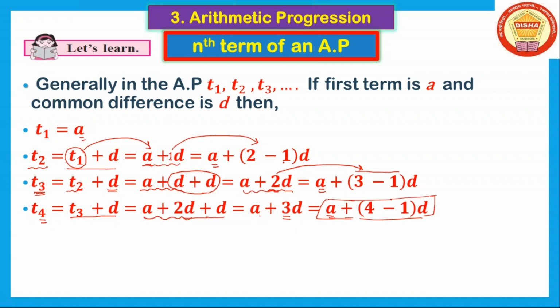And here 2 minus 1, which is equal to 1, means the second term, the relation of second term is 2 minus 1, nth term. Okay. And here 3 means I am taking here 3 minus 1.